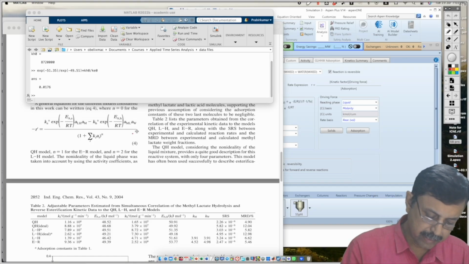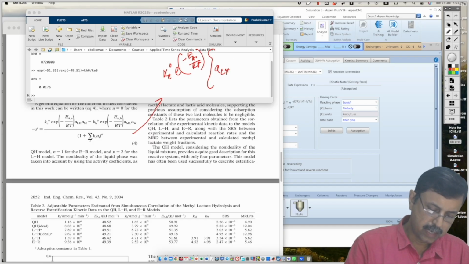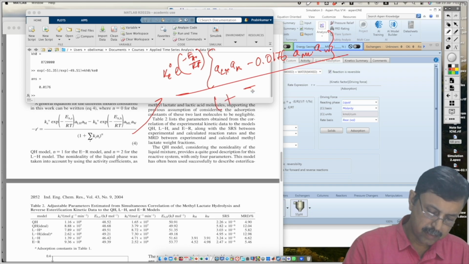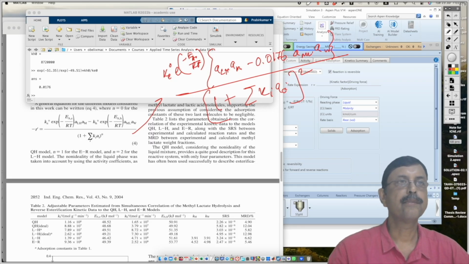That means this one is basically K_E naught exponential of E_A naught by RT, a of LH a of M minus 0.0176 into a of ML, a of W, by 1 plus sum K_i a_i, squared. Okay, so that's what it means.